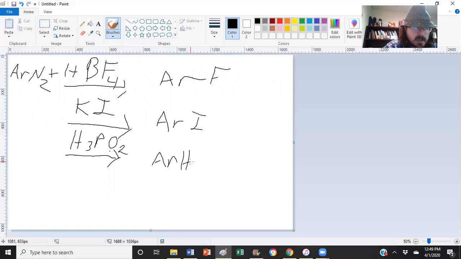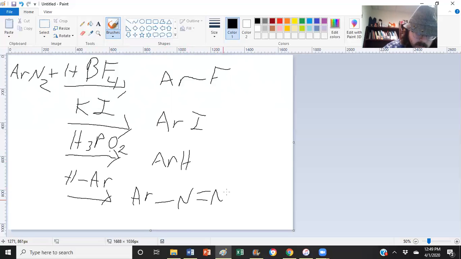We just remove the amine. And in fact, if I add another arene, this is probably one of the neatest. You can form an azo compound, where we essentially attack the other side, and we've linked two phenyl groups together.